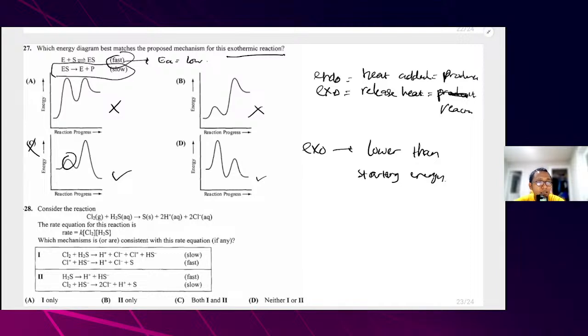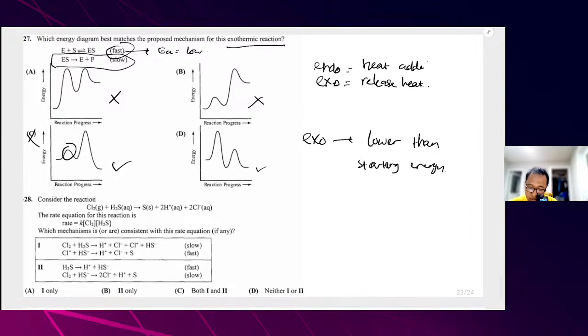So the products end with less energy. That's why the products are lower on the energy diagram. Oh, okay, I got it. Because it releases energy, it has lower energy than the starting point.